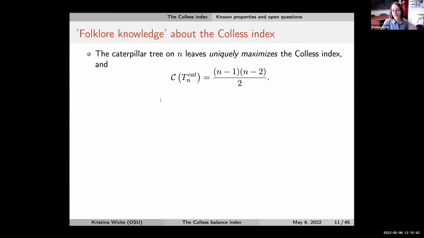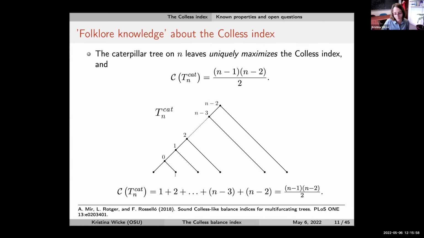So one fact that was often stated was that a caterpillar tree on n leaves uniquely maximizes the Colless index, and the Colless index of this caterpillar tree is (n−1)(n−2)/2. Okay, and so here's the caterpillar tree. It's not super hard to see that the Colless index of the caterpillar tree is actually this expression, because we need to sum over all the corresponding values for the interior vertices.